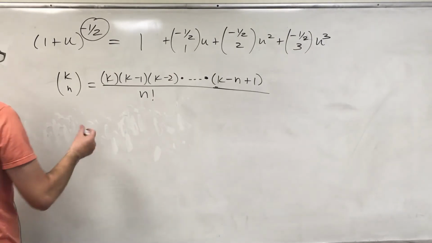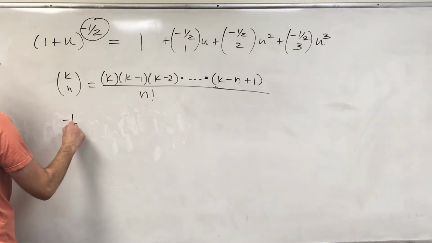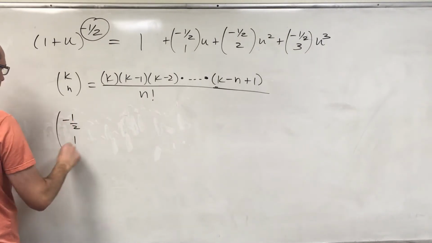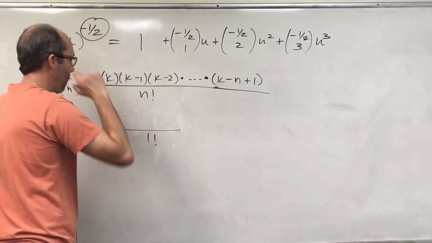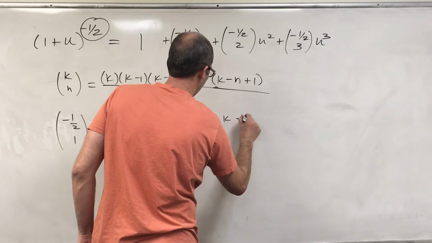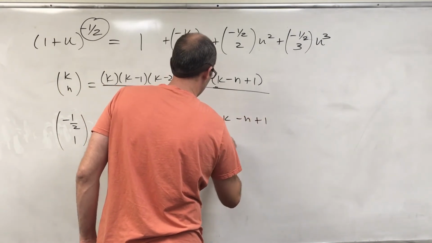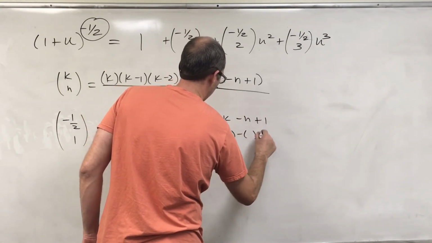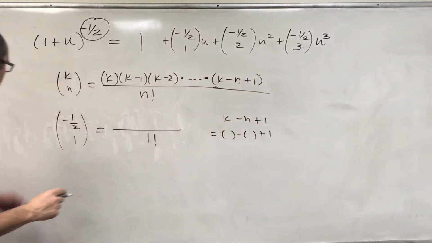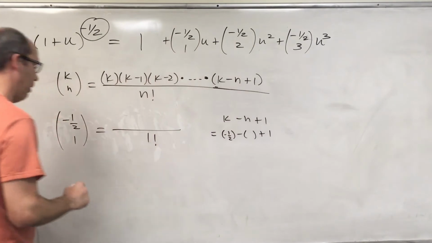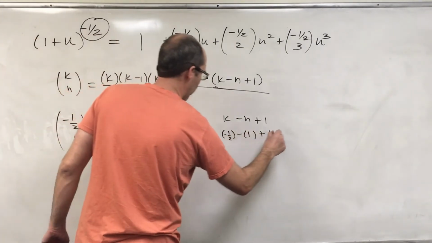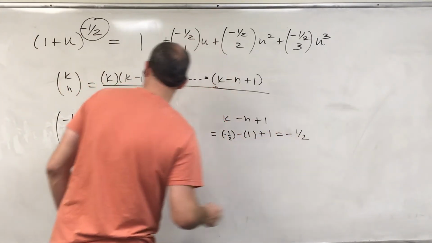So negative 1/2 choose 1. We have 1 factorial. How far do we go? k minus n plus 1. k is my negative 1/2, n is my 1, so we just go to negative 1/2.